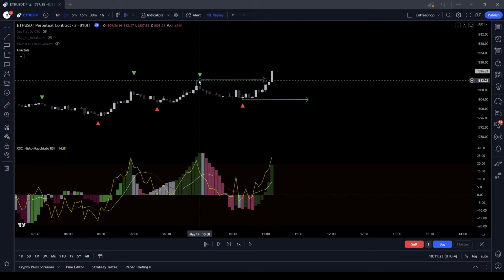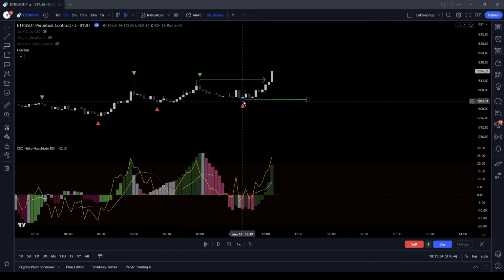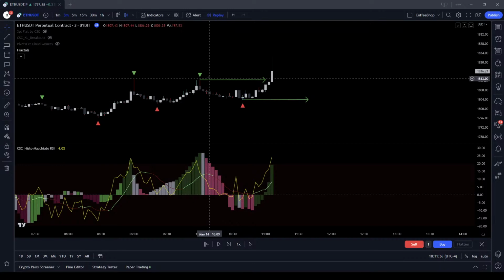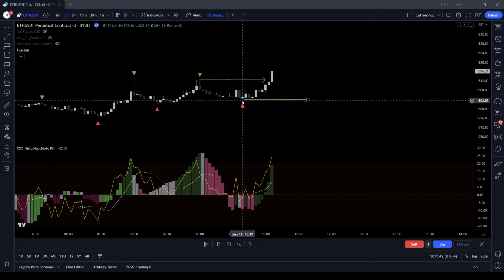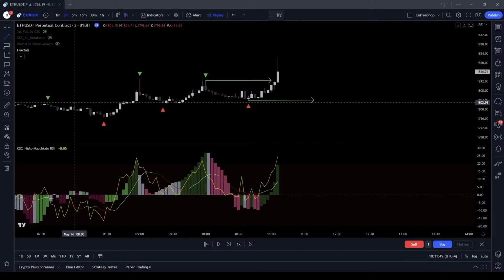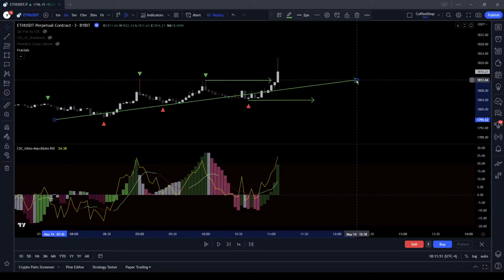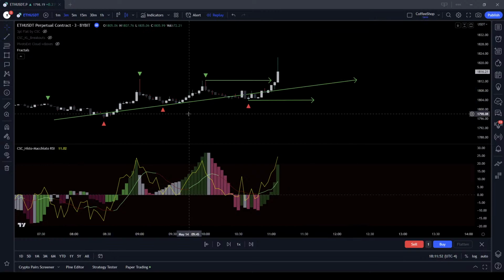When it comes to fractals, you need your new closing price to exceed the high, or the new closing price has to exceed the low. Now that doesn't mean you wait for one of these to show up and you close either below this one or above this one. It doesn't work that way. You have a low down here, but you need to know where your 200 period moving average is.